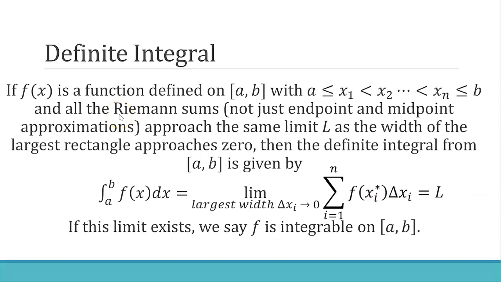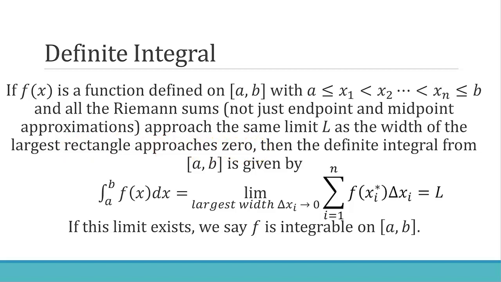Now we needed the idea of Riemann sums to talk about the formal definition of a definite integral. So what we have here is if a function is defined on this interval from a to b, with the interval from a to b broken up at these values, x1, x2, xn, and all the Riemann sums, not just the endpoint and the midpoint approximations, but any possible Riemann sum, so any collection of rectangles used to approximate the area, if all of those Riemann sums approach the same limit, L, as the width of the largest rectangle approaches 0, I'm going to pause right there for a second.